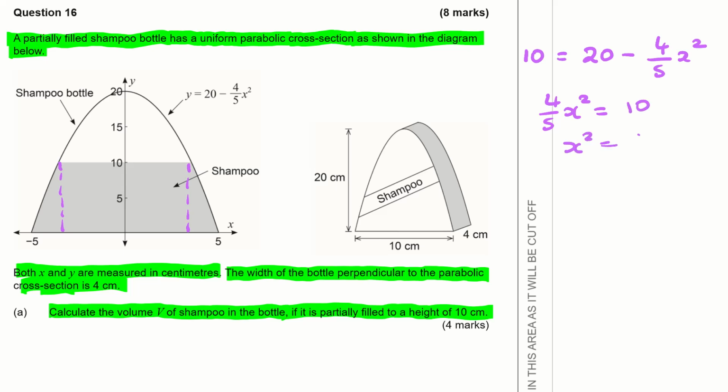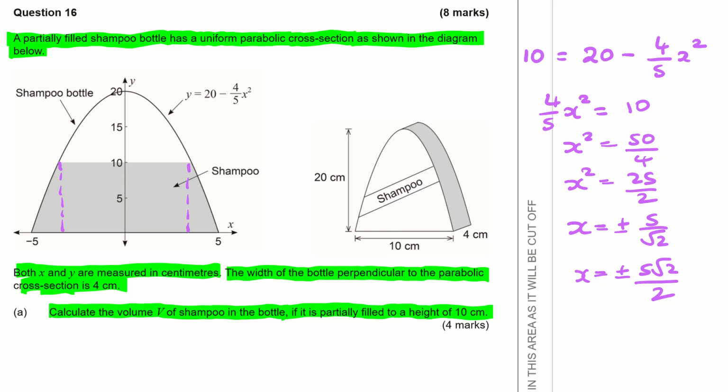So x squared is going to be 50 over 4, or if you like 25 on 2. So x is going to be plus or minus 5 over root 2, which we can write as 5 root 2 on 2. You could get the calculator to help you with all of that.